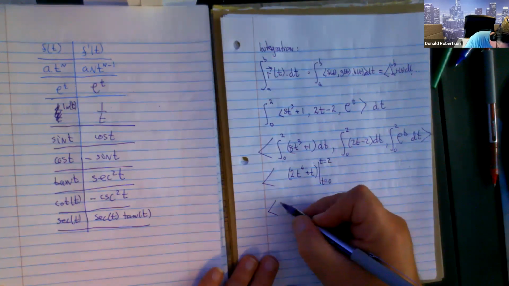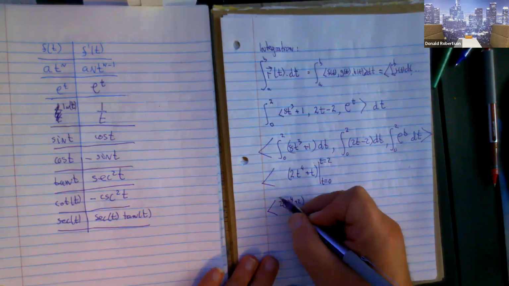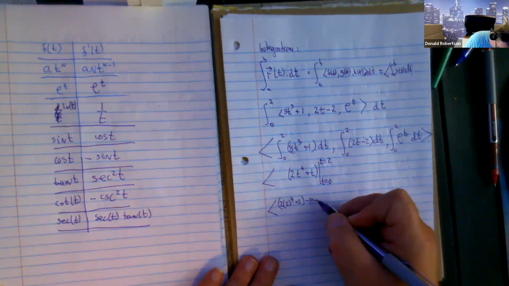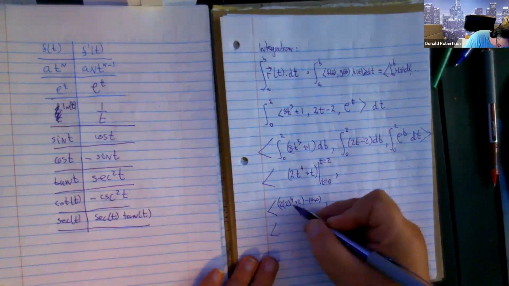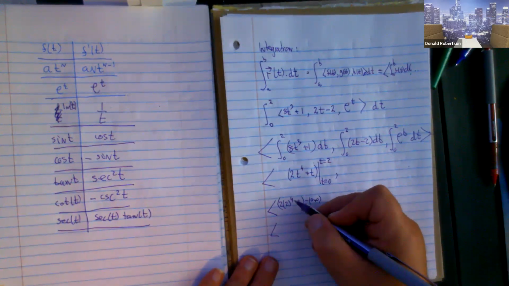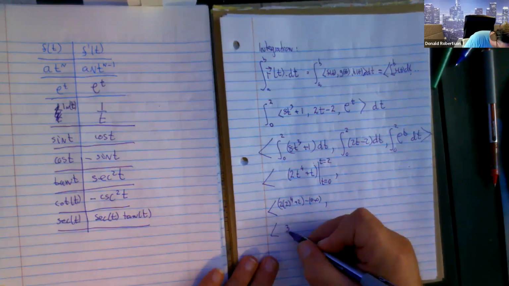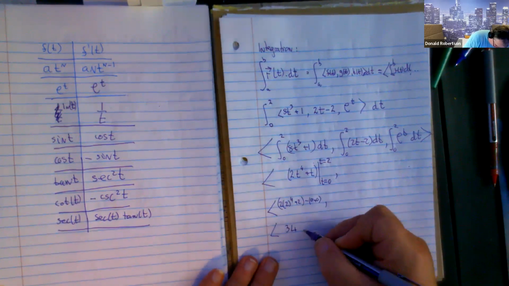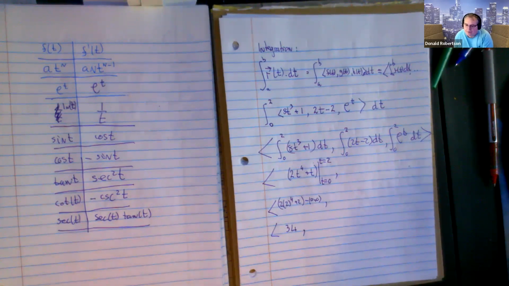If you plug in 2, you get 2 times 2 to the 4 plus 2, take away a whole load of nothings. 2, 4, 8, 16, 32. Add 2 gets you 34. 34 take away nothing is 34. So the first answer is 34.